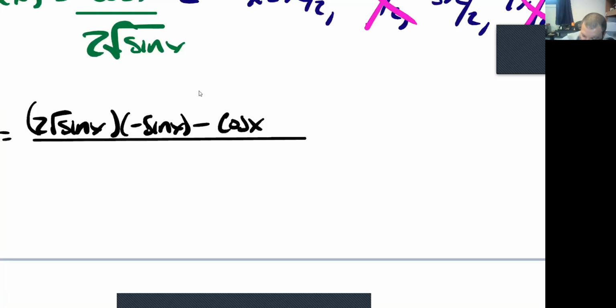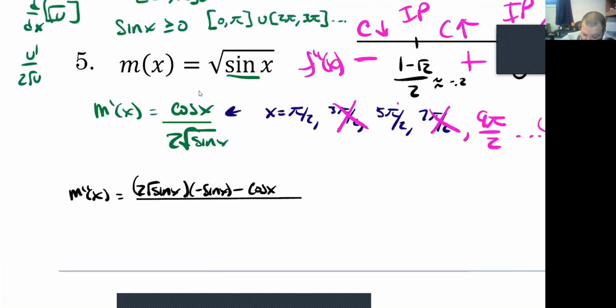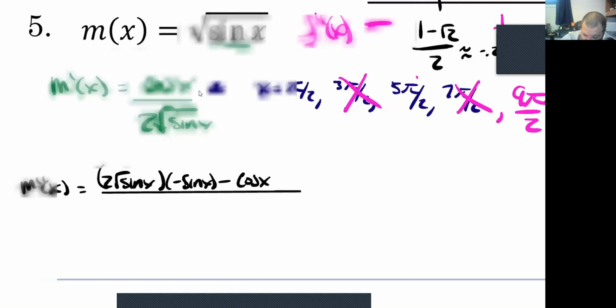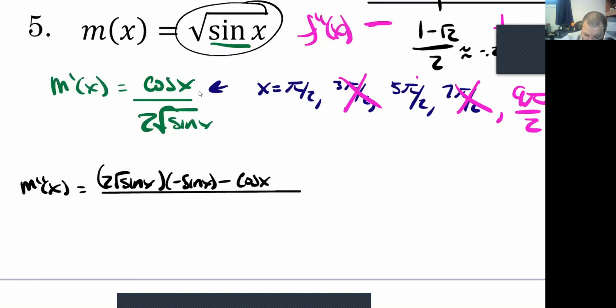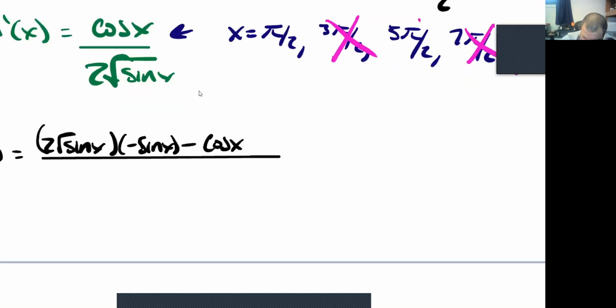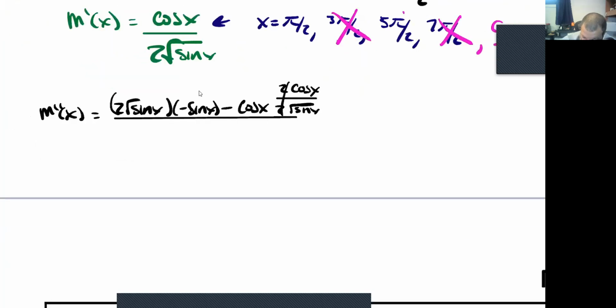So the derivative of 2 sine of x is going to be 2 times this function here, which we already know the derivative of. So we're going to get 2 cosine of x, 2 radical sine of x. Those cancel, so we get cosine squared over radical sine. And then we square the denominator, 2 rad sine x squared, right?